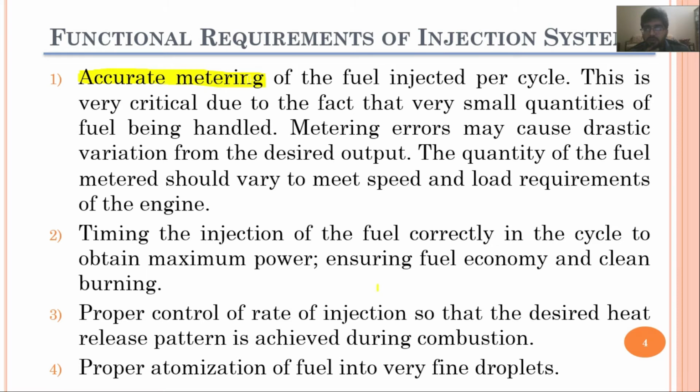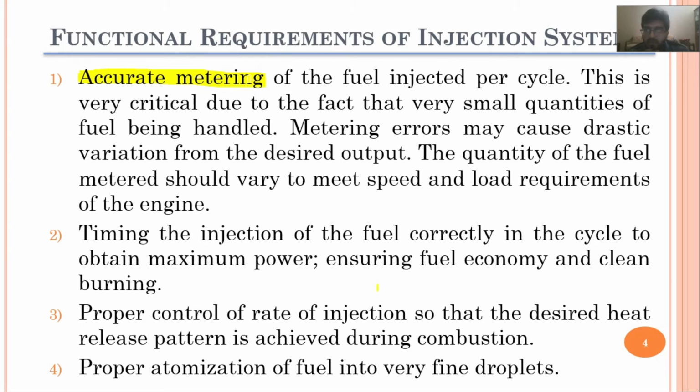So the question is, what will happen if there are some metering errors? These metering errors may cause some drastic variations in the desired output, which can ultimately cause failure to the IC engine, or may result in misfiring in the IC engine, which will not only be a wastage of fuel, but can also damage your IC engine as well.